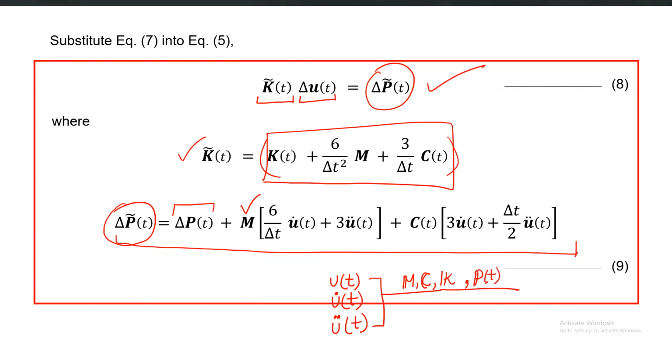We will use them to finally calculate delta U of t, the increment in displacement. So if we know the values at any time instant, we can calculate the increment in that displacement, and also this can be converted into increment in velocity and increment in acceleration also using the same equations.